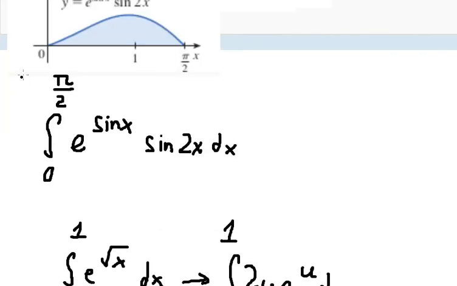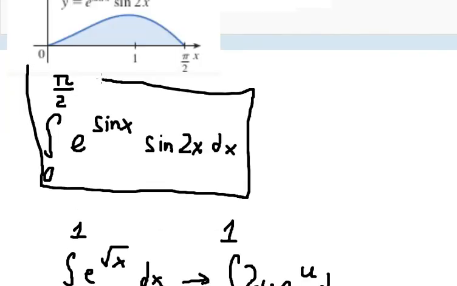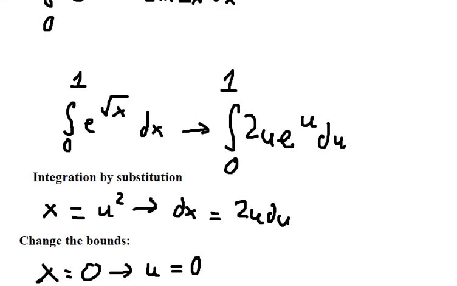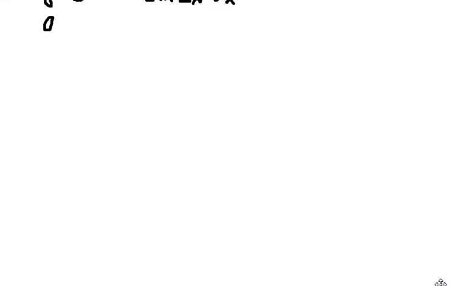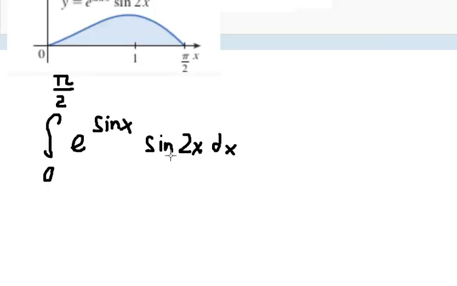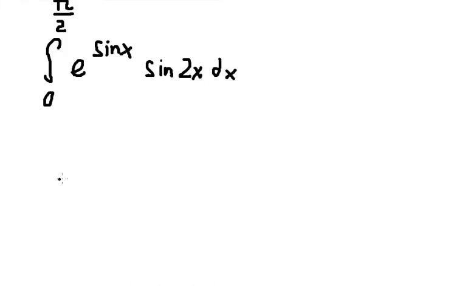Now let's go to the next one in here. So we know that sine 2x is 2 sine x cosine x.